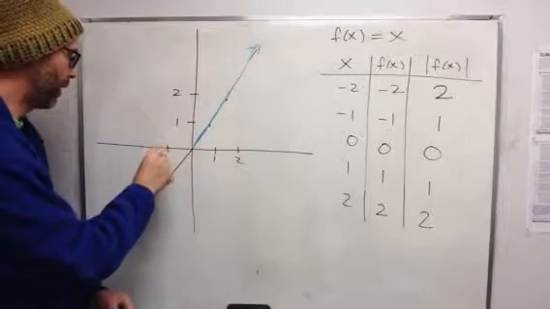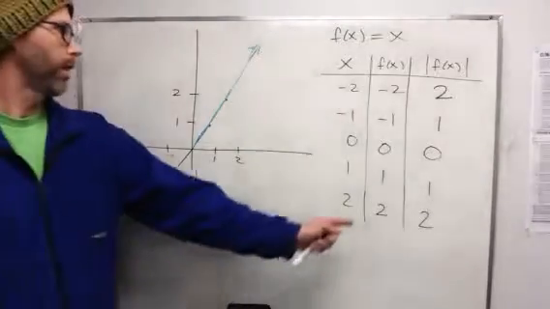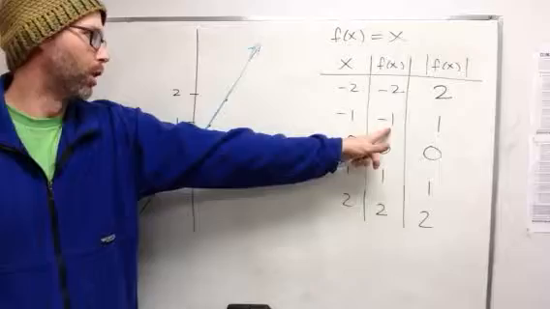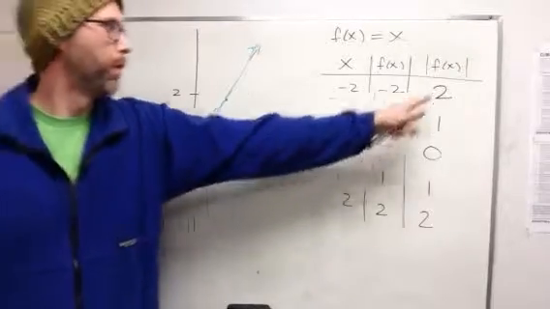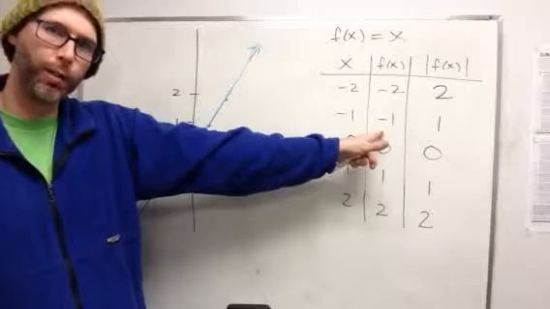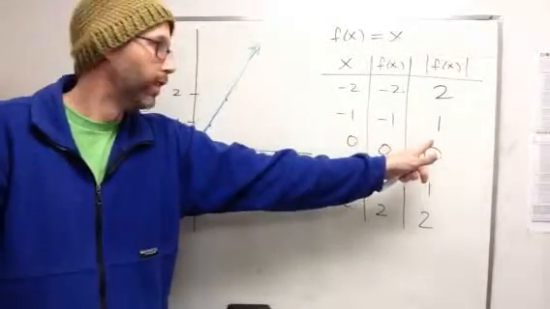Now at -1, with f of x, we went down to -1. But with the absolute value, we take the absolute value of -1, which is 1.